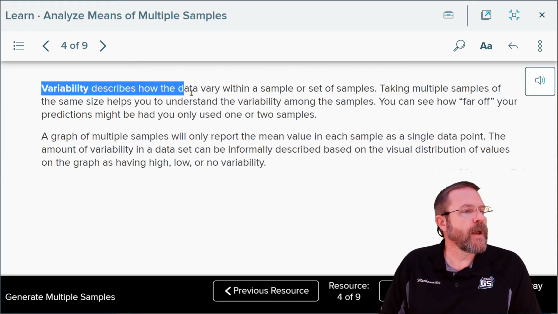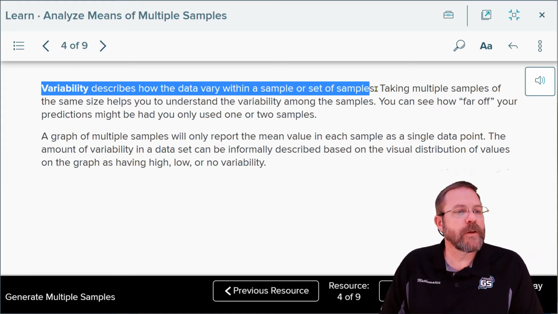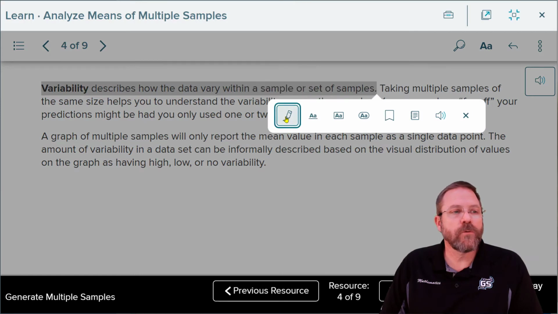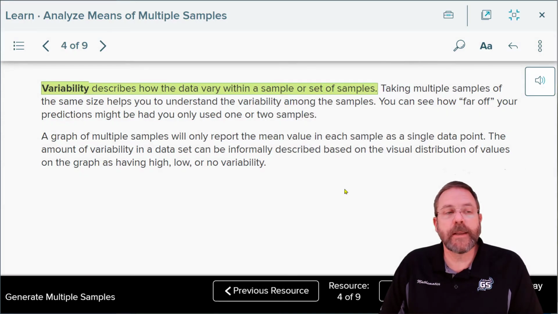Variability describes how the data vary within the sample or the set of samples. In other words, how close are all those data points going to be together? Taking multiple samples of the same sample size helps you to understand the variability among the samples. How can you see how far off your predictions might be had you only used 1 or 2 samples?